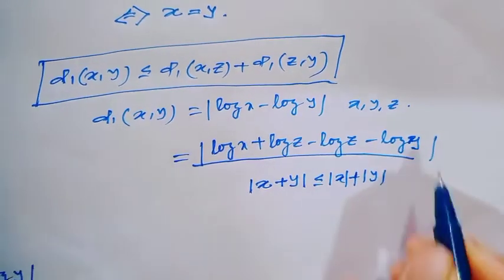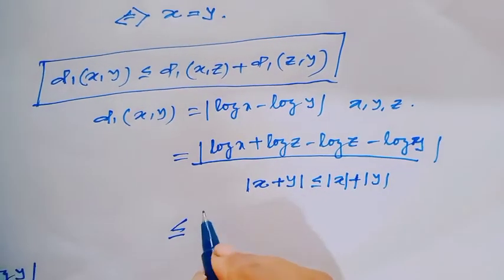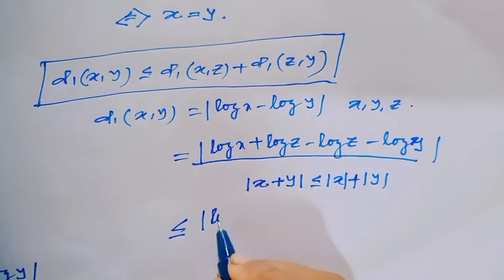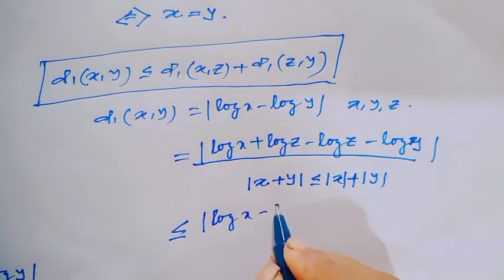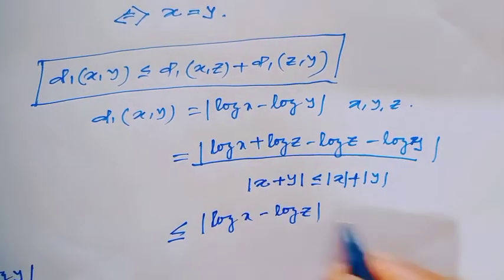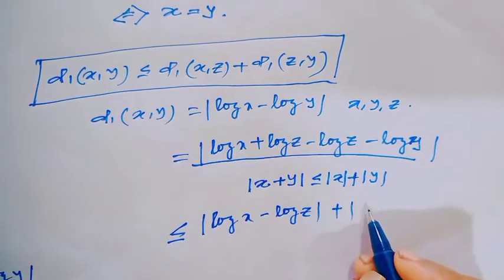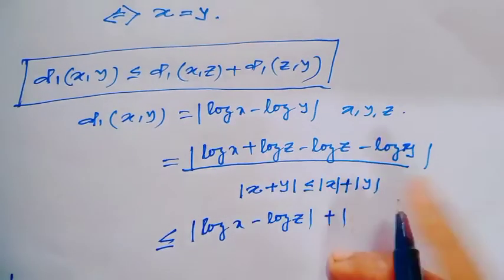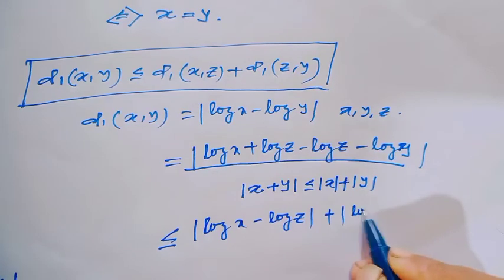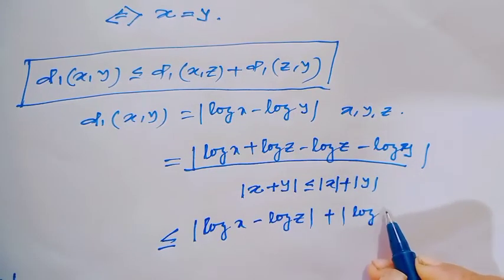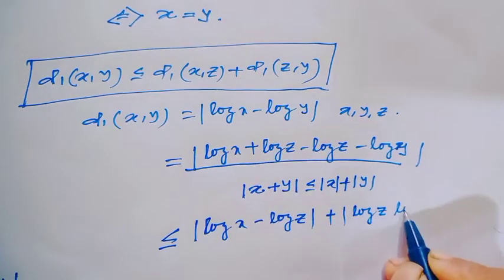That means this is less than or equal to absolute value of log x minus log z plus absolute value of log z minus log y.